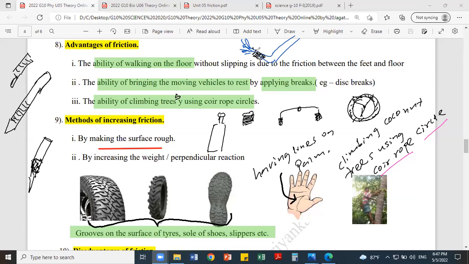Who can tell me what they are doing before lifting the weight, or in the Olympics, what are they doing with the palm? Because it's sweaty, because they are spending a lot of energy, so a lot of sweat appears on the surface of their body. Other than having a band just above the wrist, what else? Yes, Muhammad, what do you think? Sir, they cover their hands with some kind of powder, white color.